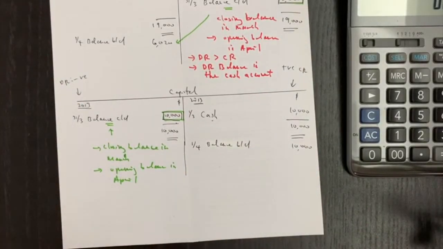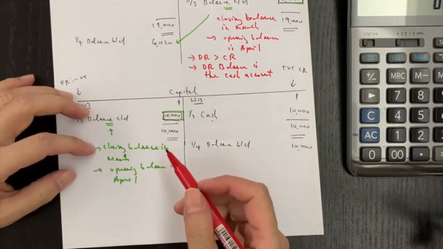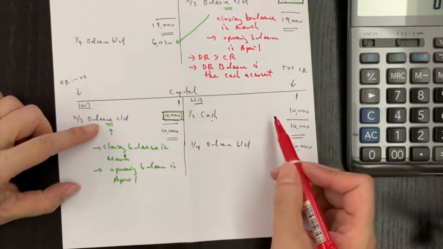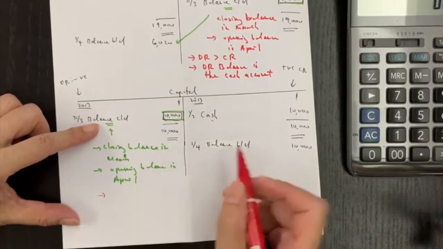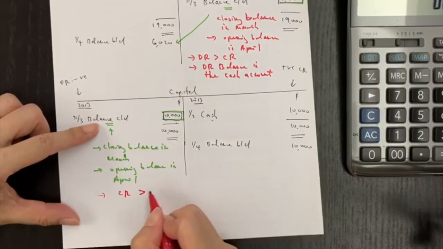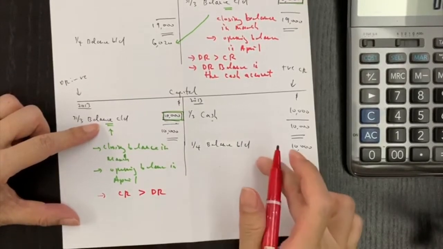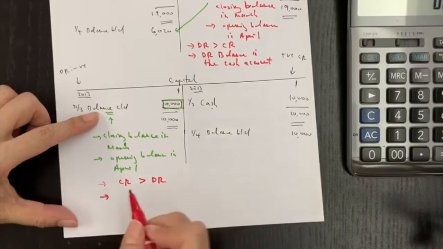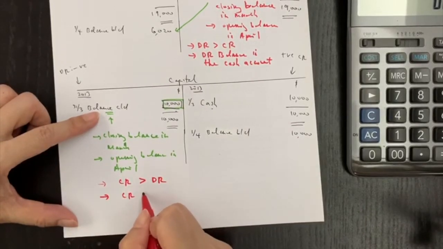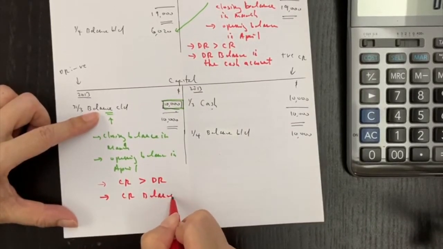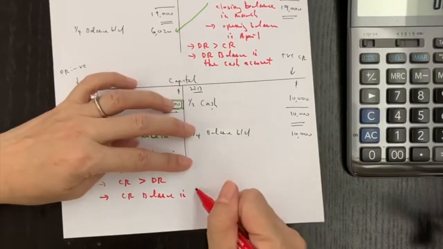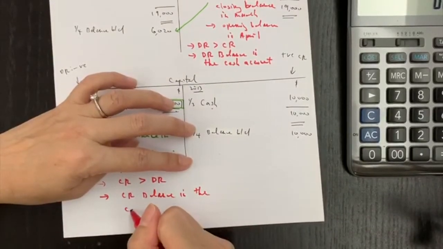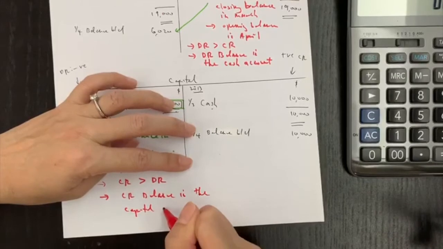So again, what is the meaning of that? The closing balance in March. So here in the capital account, which side is bigger? We have credit side bigger than debit side, right? So in the capital account, we say that there is a credit balance in the capital account.